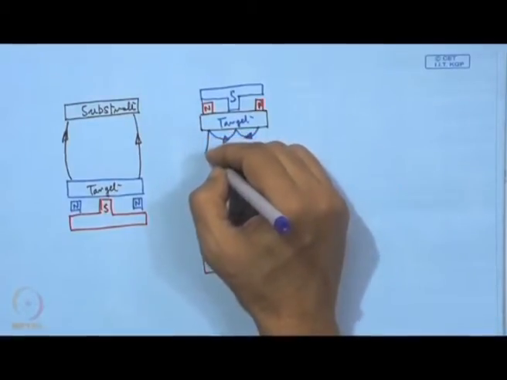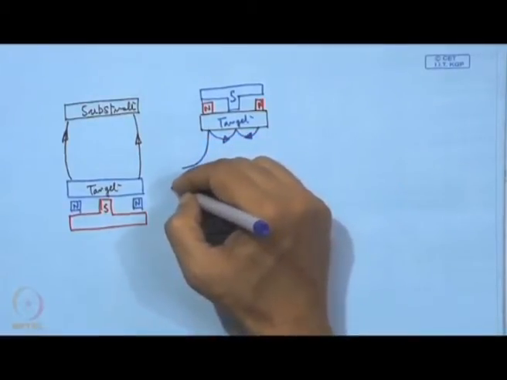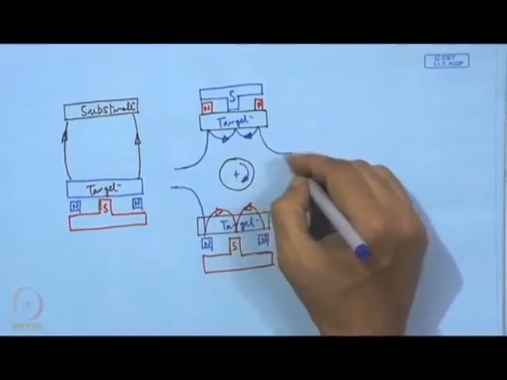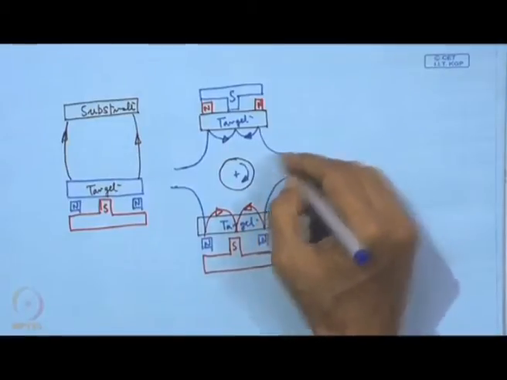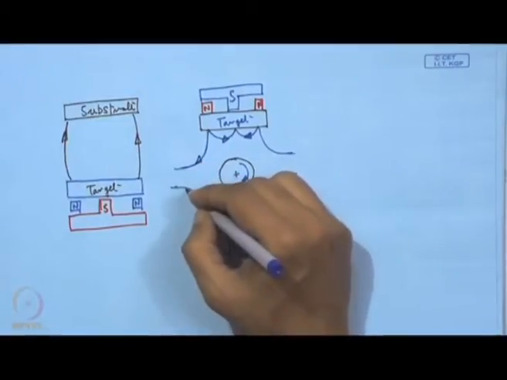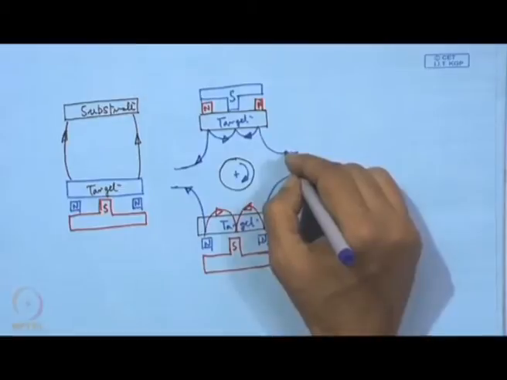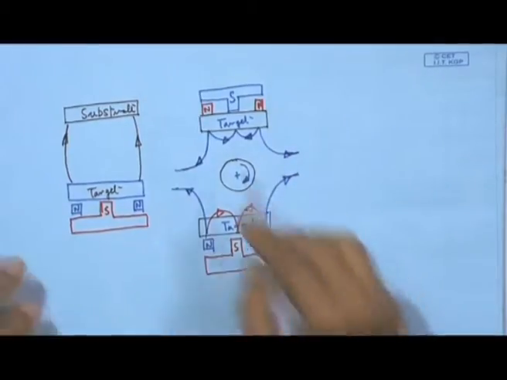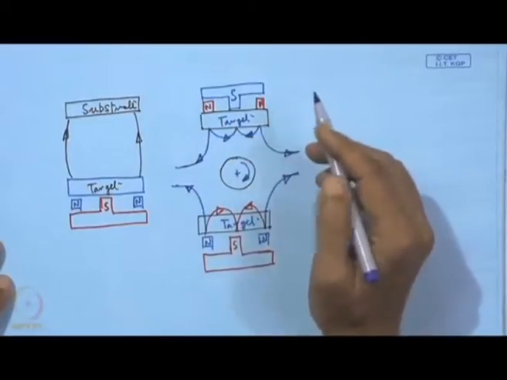However, here this will be repelling. So, these lines of force will move like this. These will be the lines of force directed towards the chamber wall. Here the north pole is stronger.